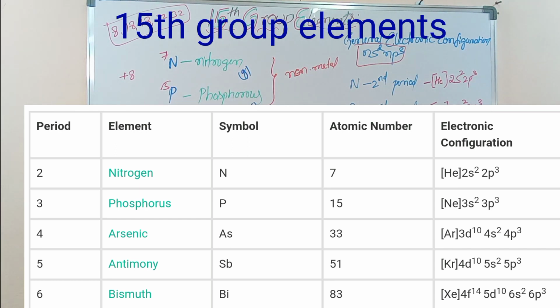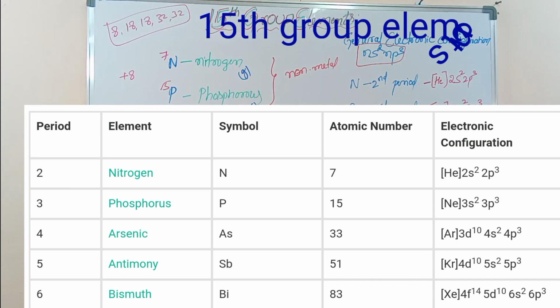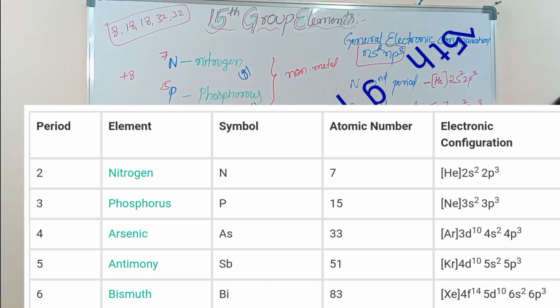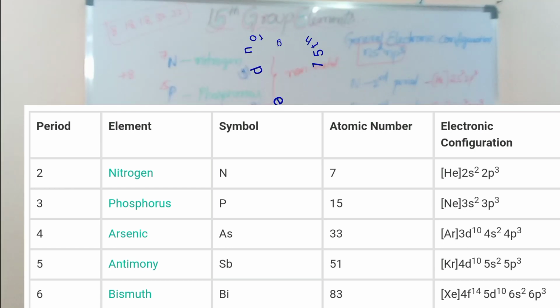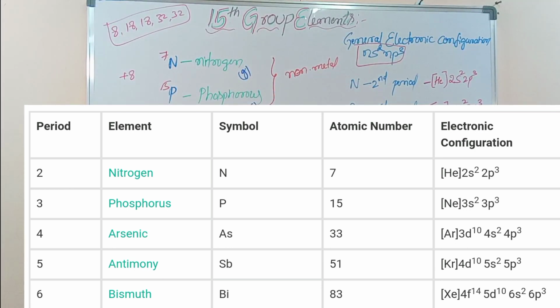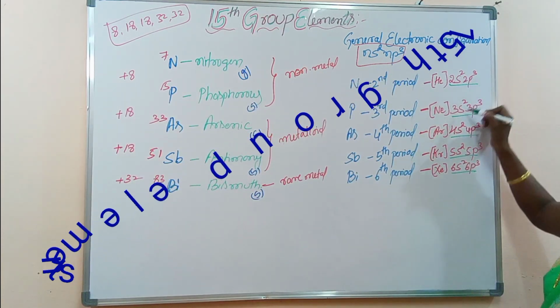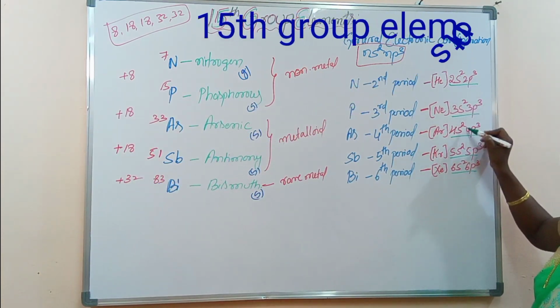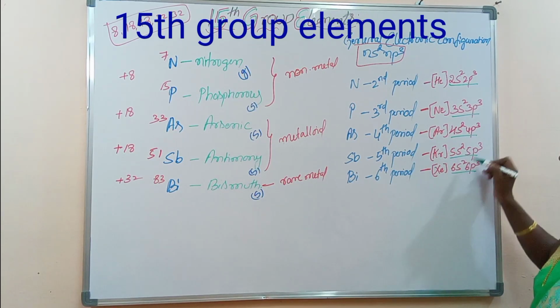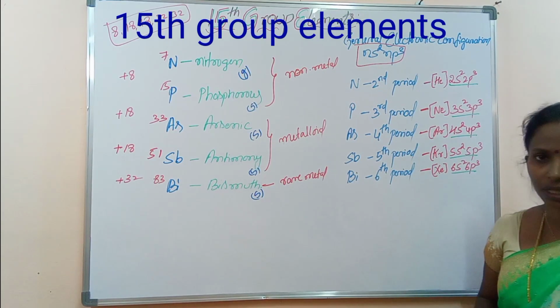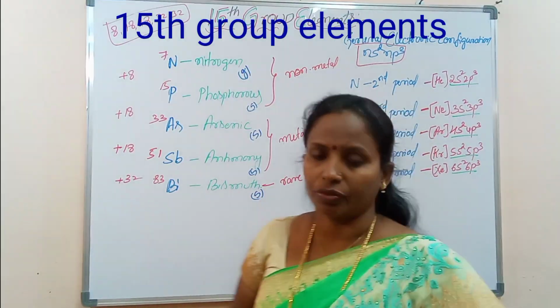Then bismuth, sixth period: xenon followed by 6s2 6p3. These are the condensed electronic configurations. These are the valence electrons, the outermost electrons: 2s2 2p3, 3s2 3p3, 4s2 4p3, 5s2 5p3, 6s2 6p3.